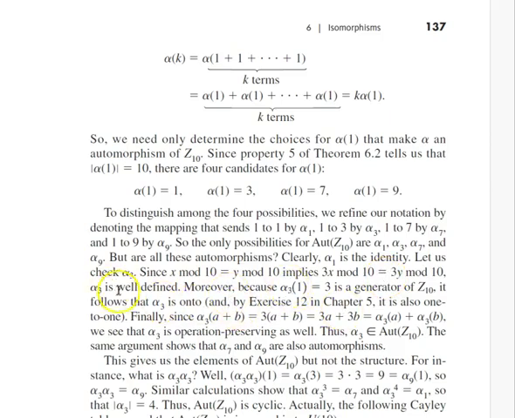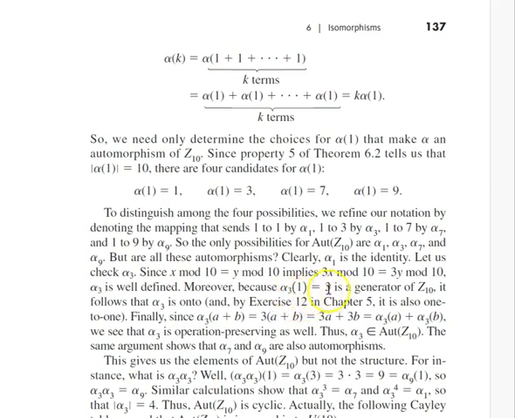This means that alpha 3 is well defined. This is needed here if we allow numbers bigger than 10. If we look only at the integers from 0 to 9, we don't need this. So alpha 3 is well defined in that sense.